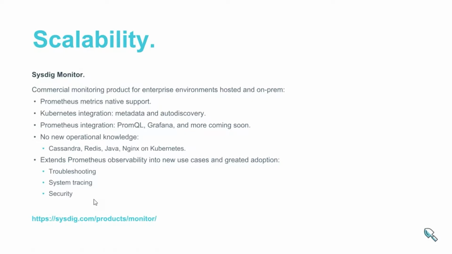Additionally, it can be deployed on top of Kubernetes, so it's extremely easy to operate. But in addition to the scalability and the long-term storage, there are some additional use cases and functionality that Sysdig Monitor provides: troubleshooting, system tracing, security. We'll see some of them in the next slide.